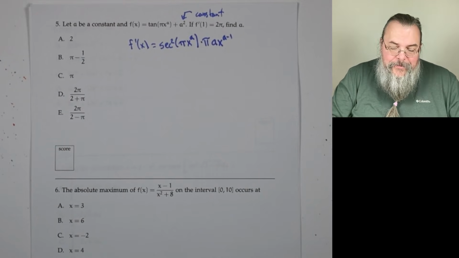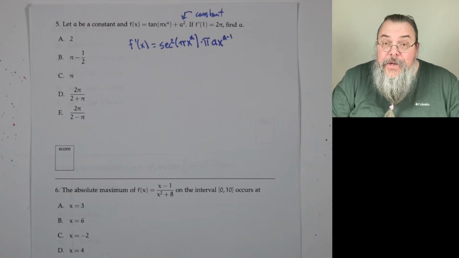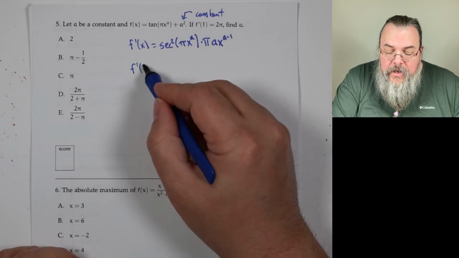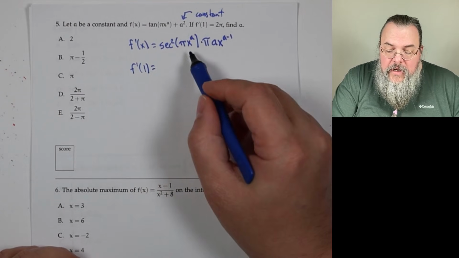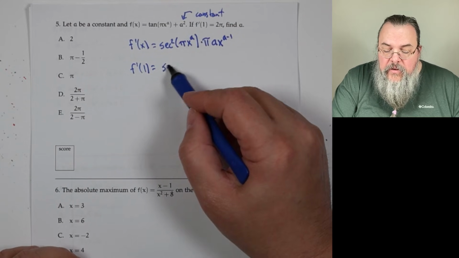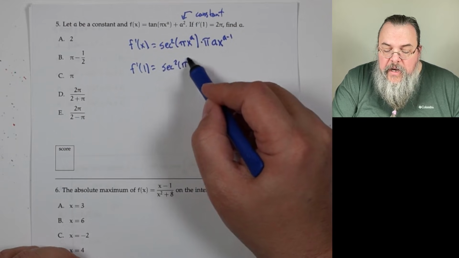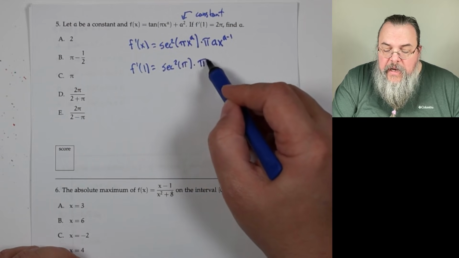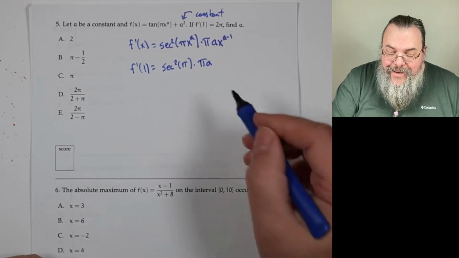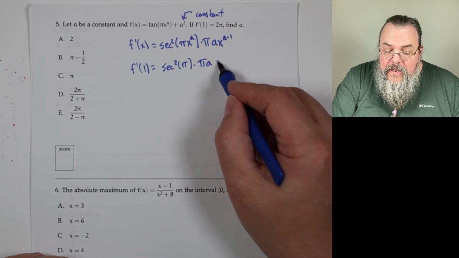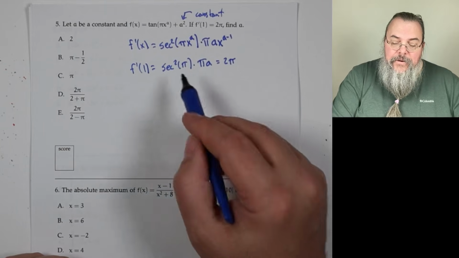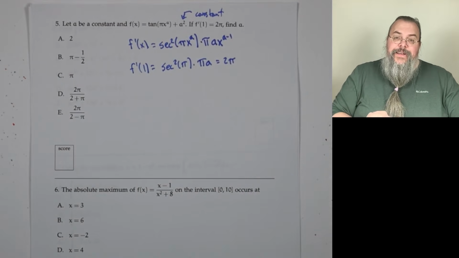Know what they are. Now, what do we do? We plug in 1. F prime of 1, well, we get 1 to the a is 1. So we get secant squared of pi times pi a, and 1 to anything is 1. All right, and all that needs to equal 2 pi. Now, what is secant squared of pi?